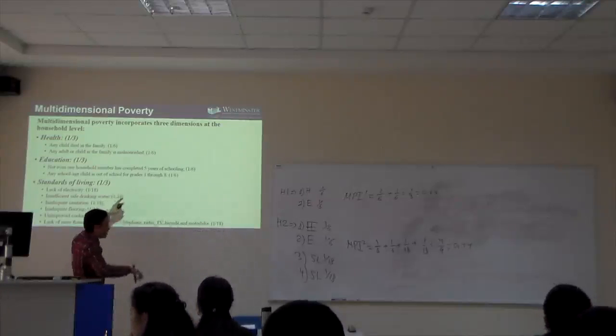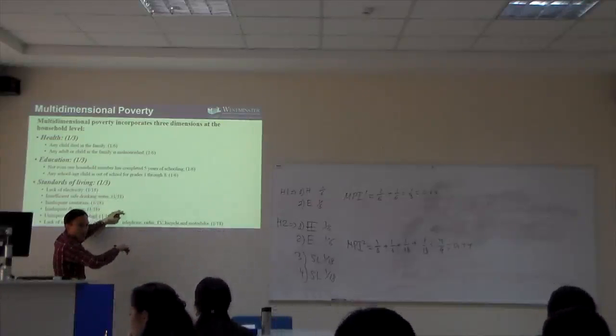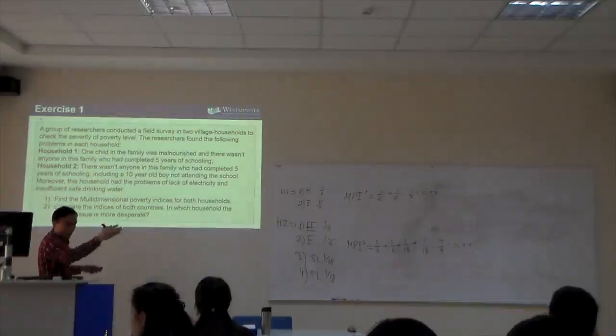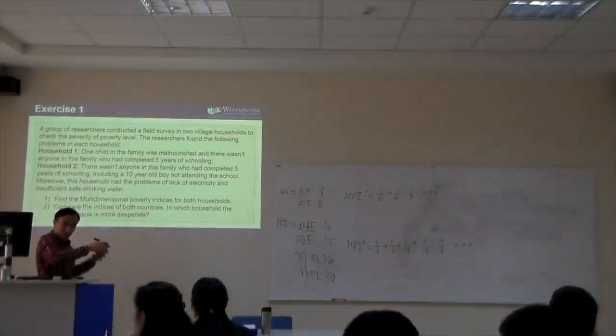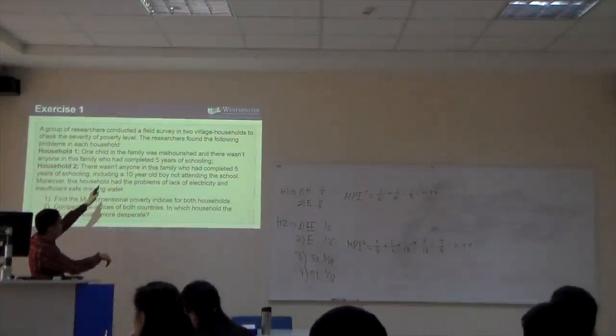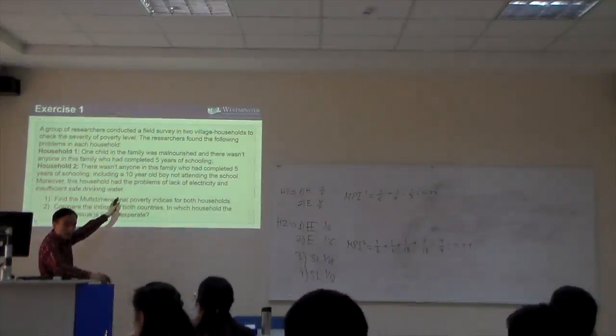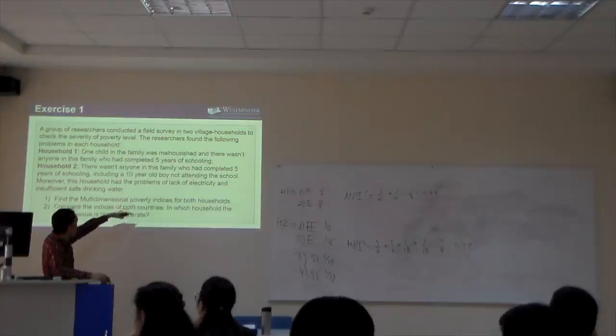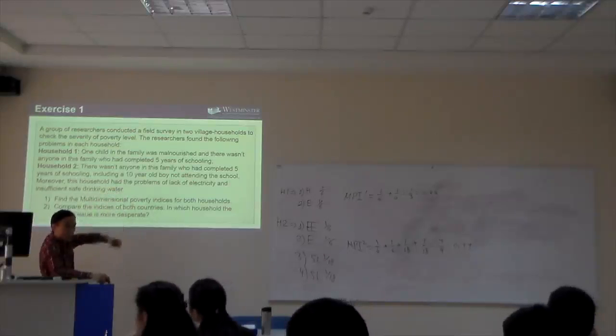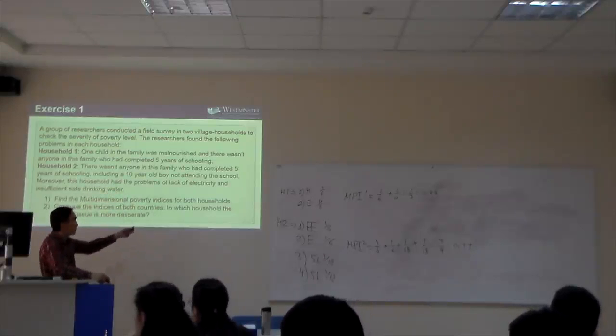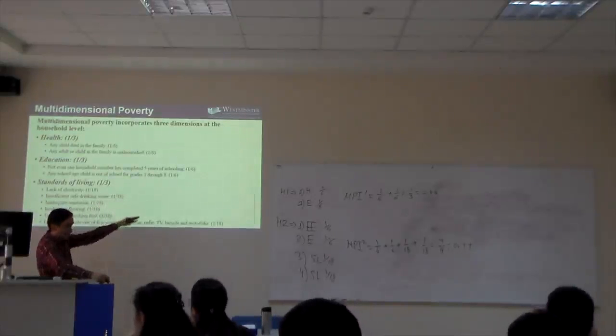They don't change. If I give you a similar exercise, a household with those problems given, the only thing we have to remember is weights, as we are doing now. And you can easily find it.